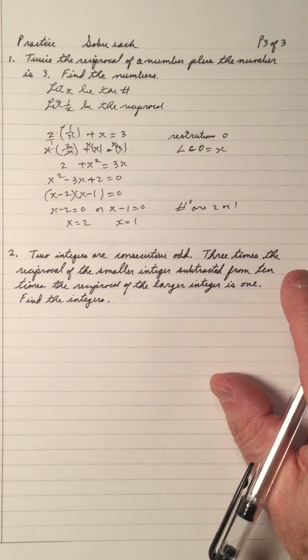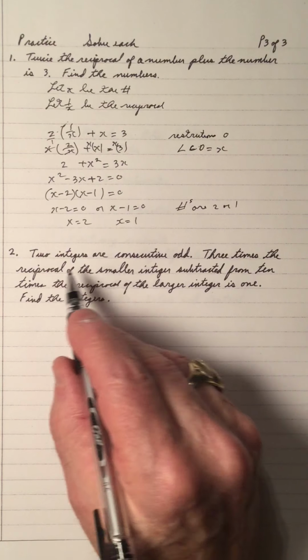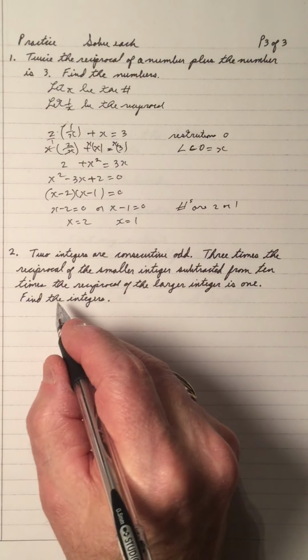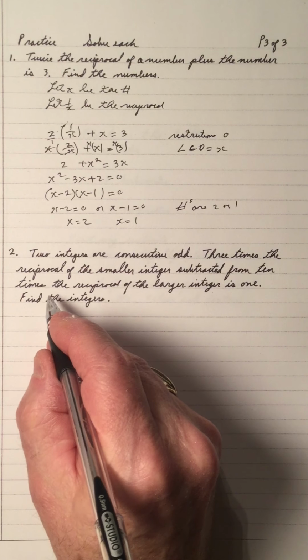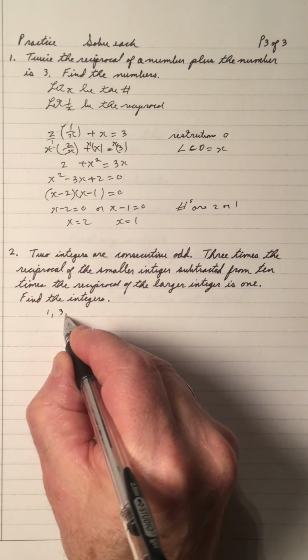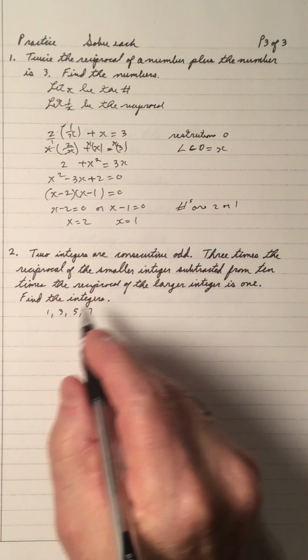Number 2, again, pause the video and work this one out. Two integers are consecutive odd. Well, let's check that now. Consecutive odd. Let's look at the integers. Give me some odd numbers that are consecutive. So we go 1, 3, 5, 7. They're consecutive odd.